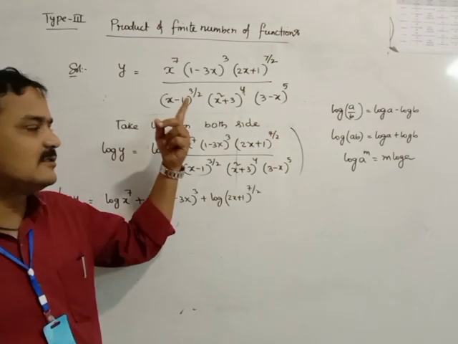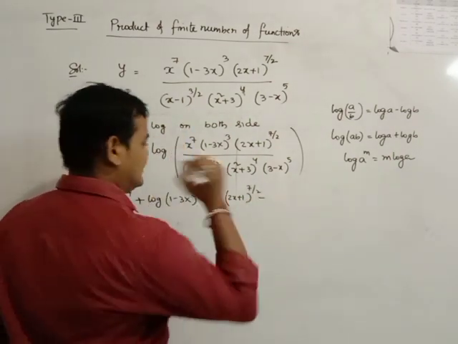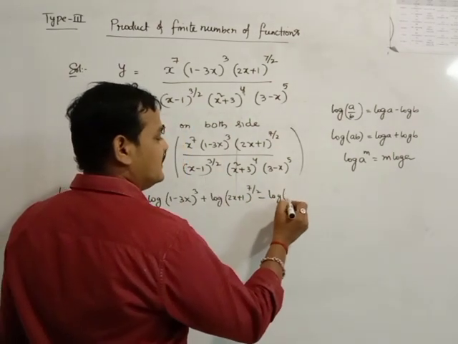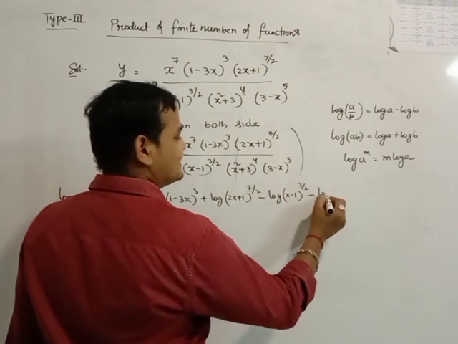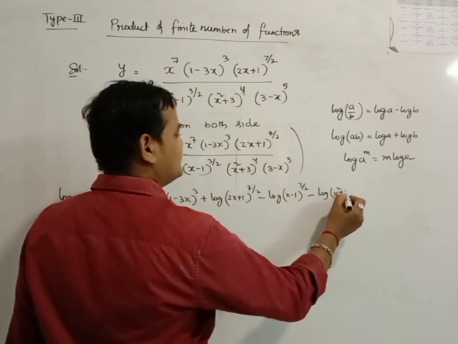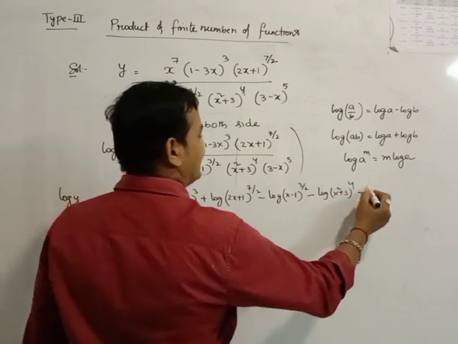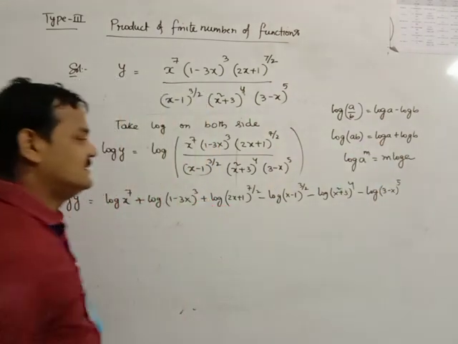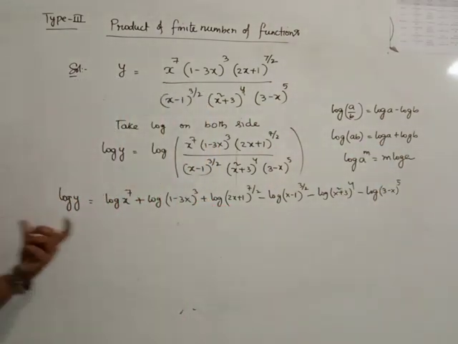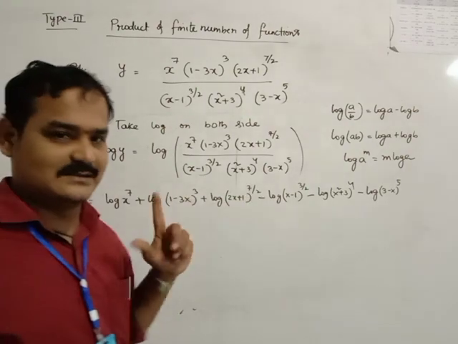Again, the denominator goes to the numerator, so it becomes minus log of (x minus 1) to the power of 3 by 2 minus log of (x square plus 3) to the power of 4 minus log of (3 minus x) to the power of 5. See, it is completely converted into this single line function.